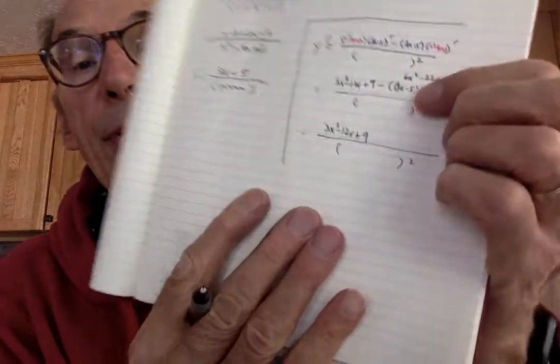And then continuing on, we've got the bottom squared, and now we're going to have 3x squared minus 12x plus 9. The thing in the parentheses on top, that second thing, is 6x squared minus 10 minus 22x plus 20. So now when I subtract that off, I've got the parentheses there.